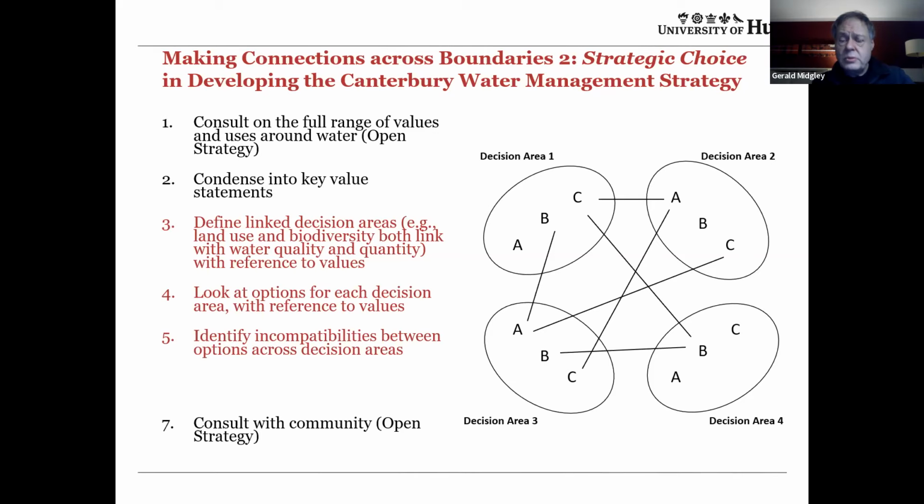So, for example, if you want to increase irrigation, you can't at the same time have improved water quality, because taking water out condenses the pollutants and lowers the water quality, unless that is you can find water from another source, which was one of the things that they actually did. And that allowed them to identify alternative feasible strategies, which they can then take out to consultation with the community.